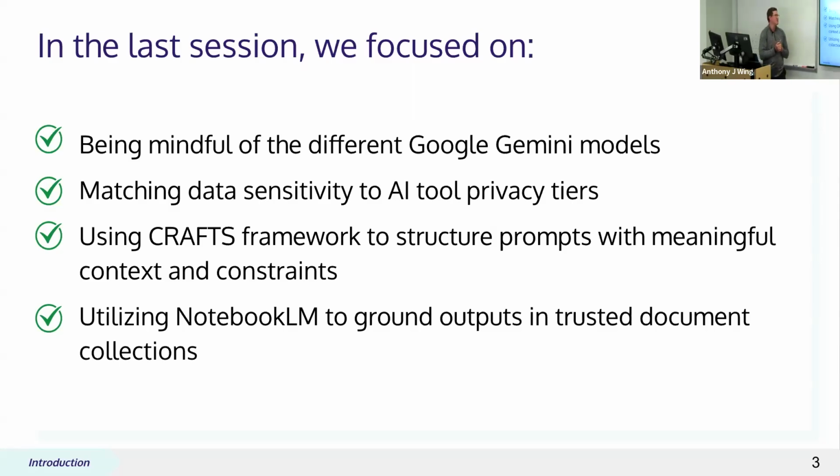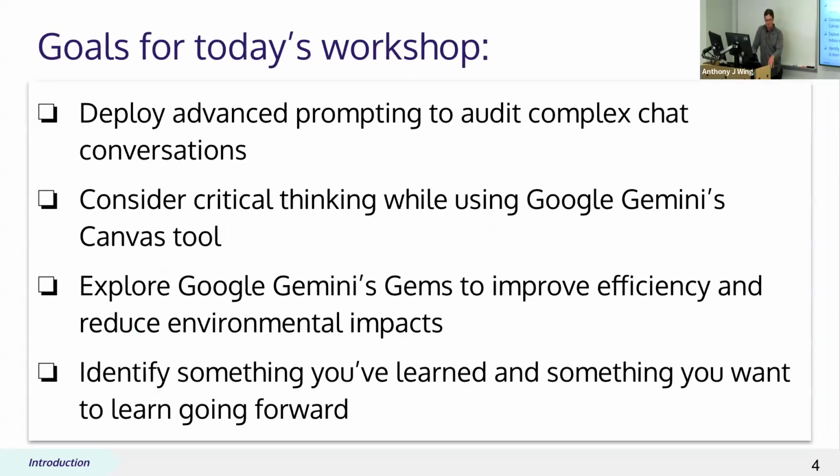We started out prompting and we used the CRAFT framework. We'll revisit that a little bit to help us structure some prompts, and we'll build on that as well. And then we wrapped up with utilizing NotebookLM, and we used this as a RAG tool so we could build a knowledge base, store some of those documents that are important to us so that we could ground our outputs in those sources.